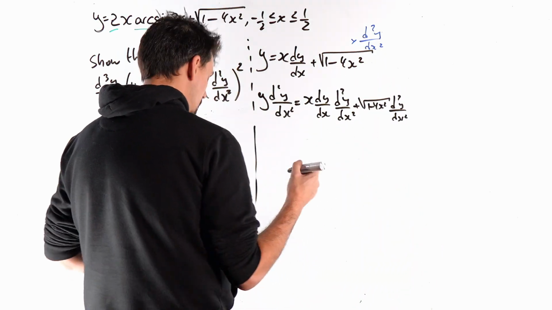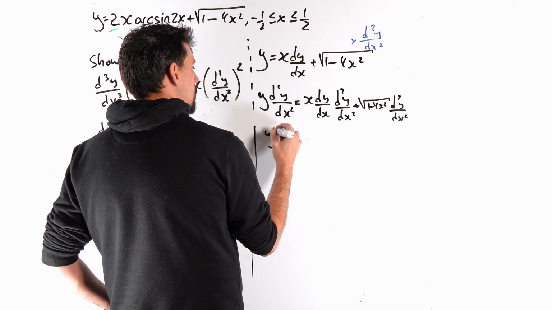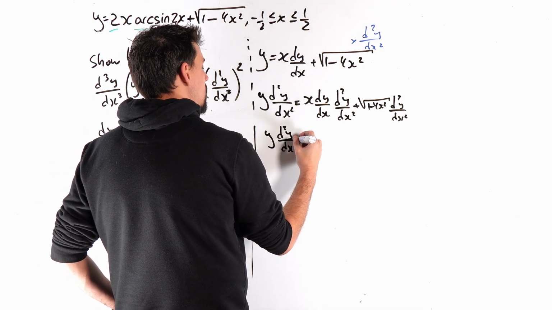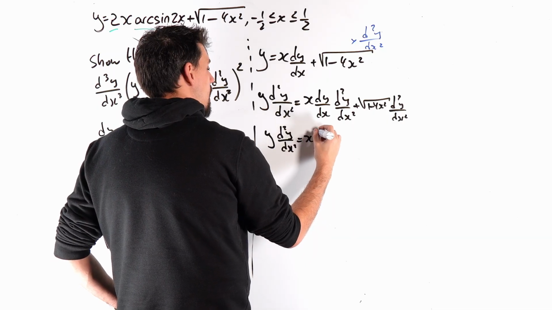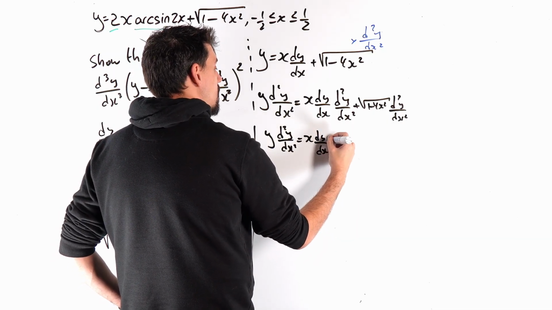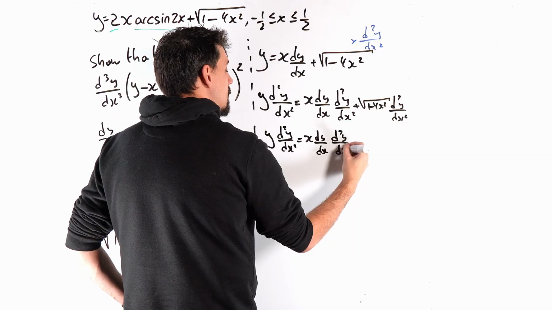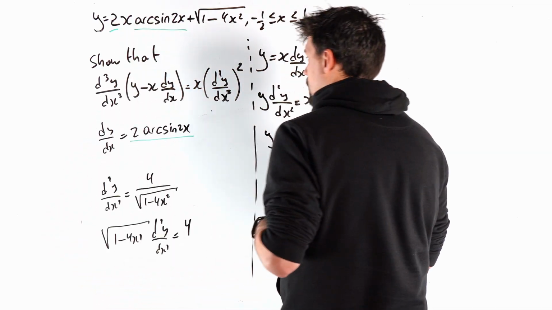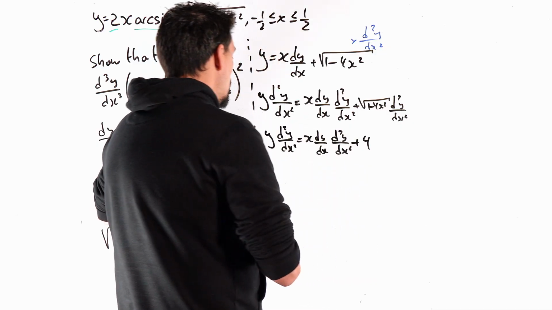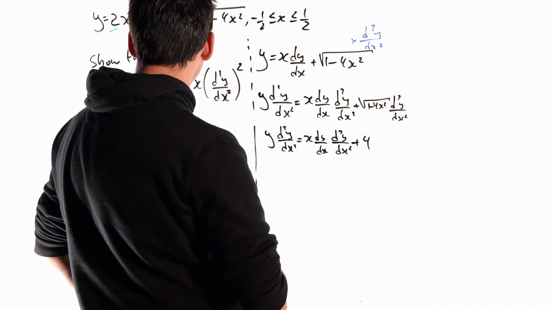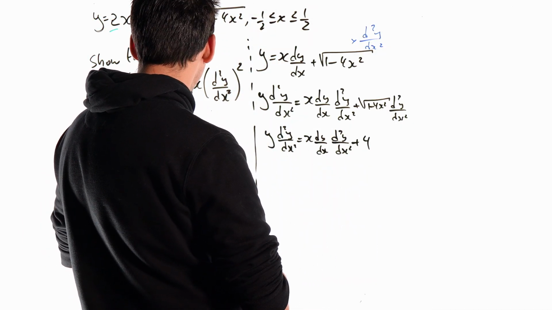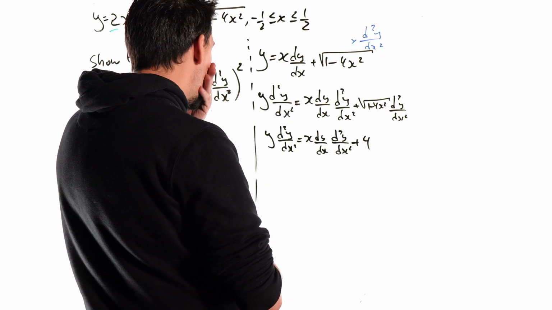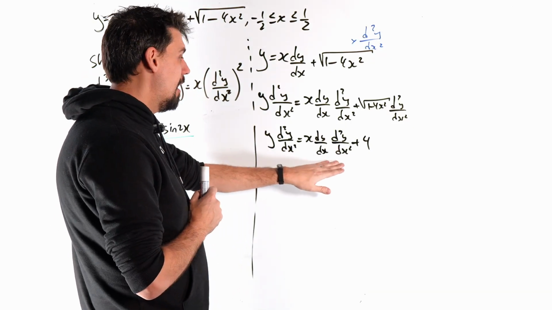So what I can actually say now is that y d2y dx squared is equal to x dy dx d2y dx squared plus 4. Now what are we going to do? I don't really like that.